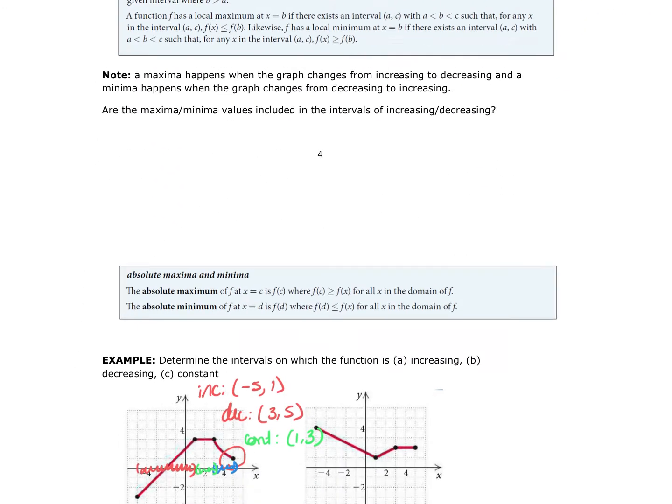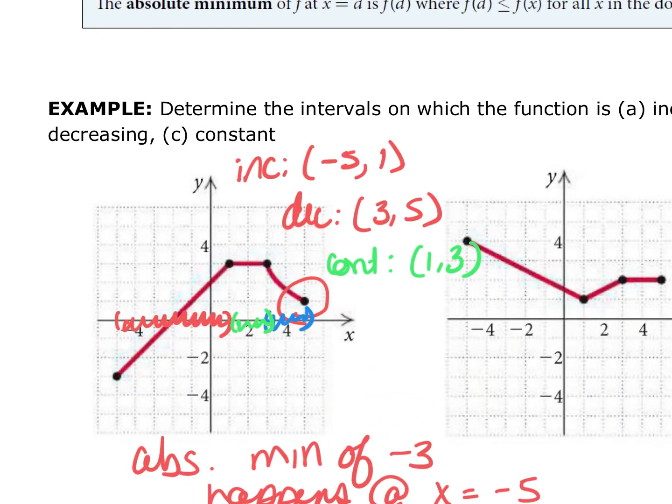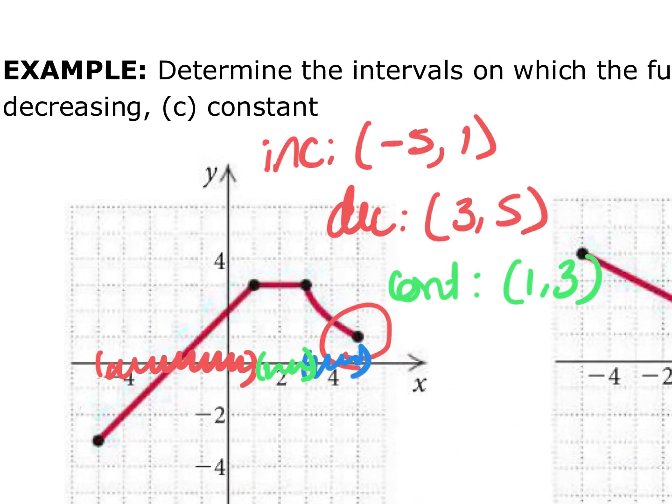So you're like, okay, well, I don't understand, why can't I have an interval here that includes a turning point at 1, 3? It looks like something's going on there. So let me erase this and let's talk about this. Suppose I have an interval that starts at 0 for x and ends at 2.5.